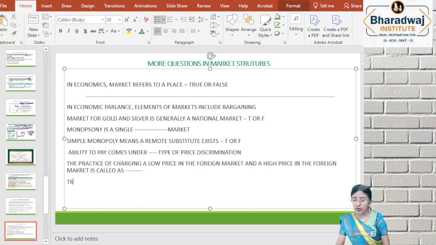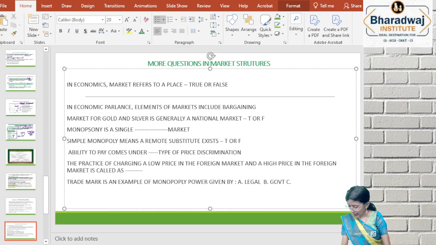Trademark. Trademark is an example of monopoly power. See, intricate questions I'm choosing. Monopoly power given by: option A is legal, B is government, C is technical, D is combinations.